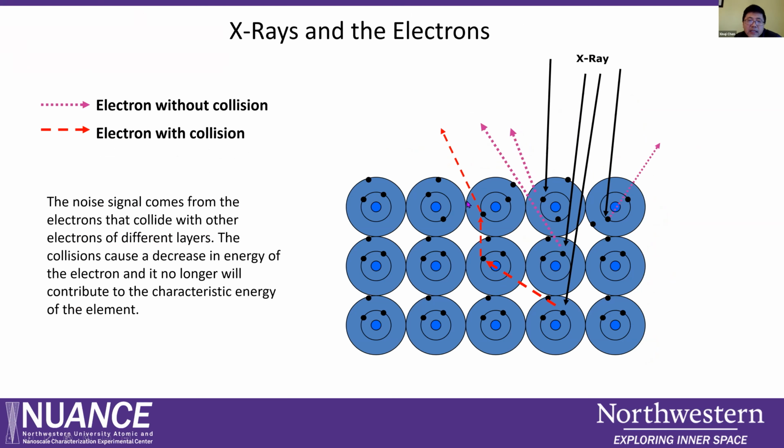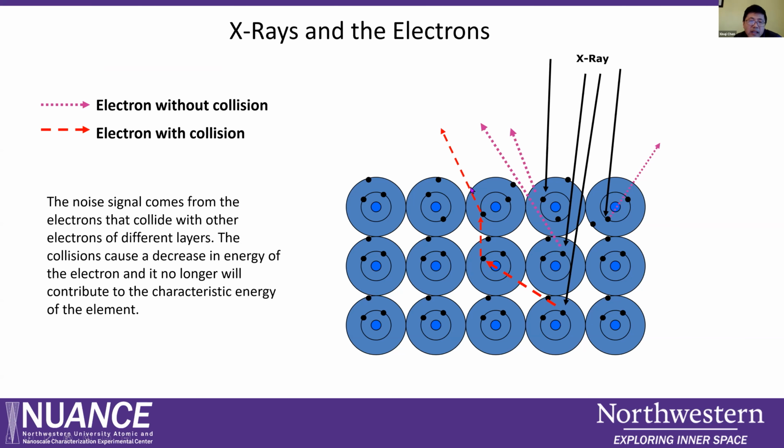If this collision is elastic, meaning it doesn't lose energy, then this electron will contribute to the peaks, for the binding energy. If many collisions happen and there is an inelastic collision, that means they lost energy during this collision.